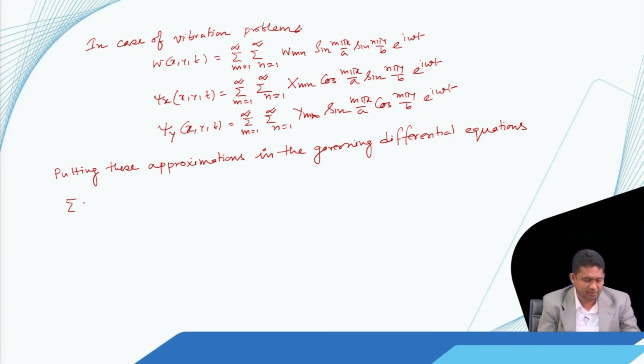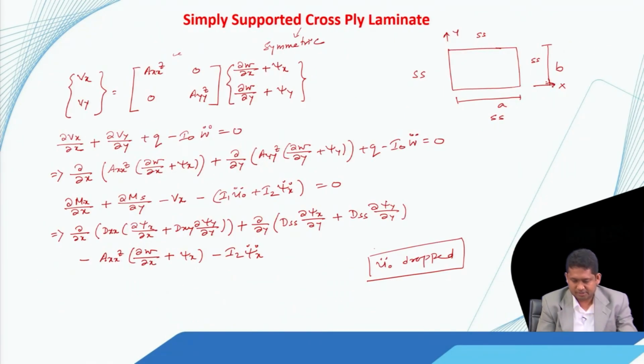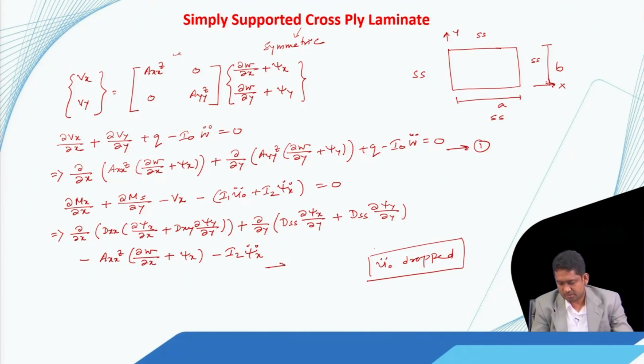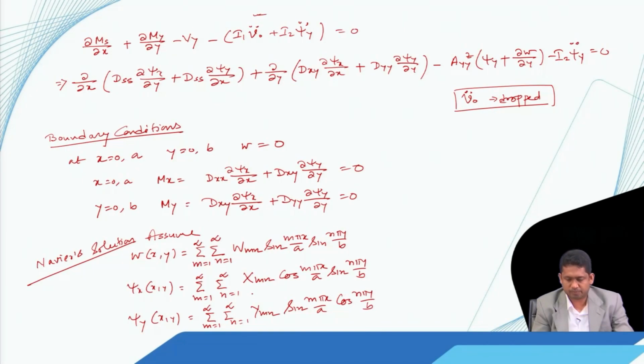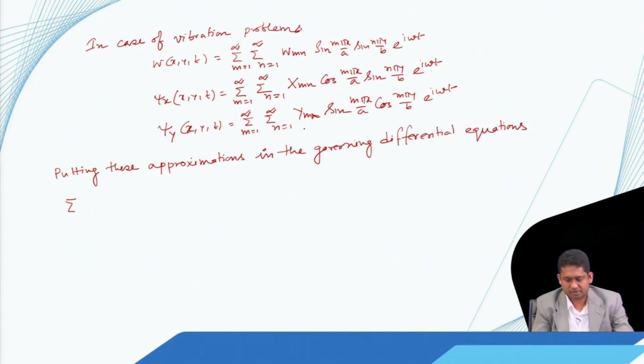Let us number the equations, that will be easier: let us call this equation 1, this equation 2, and this equation 3.